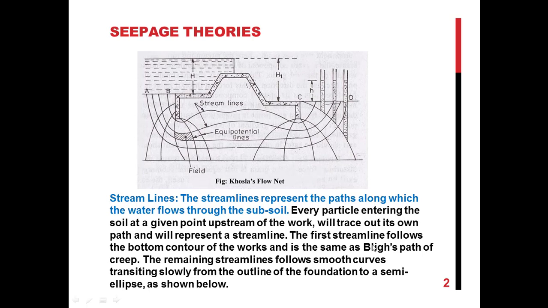The first streamline follows the bottom contour of the work and is the same as Bleek's path of creep.